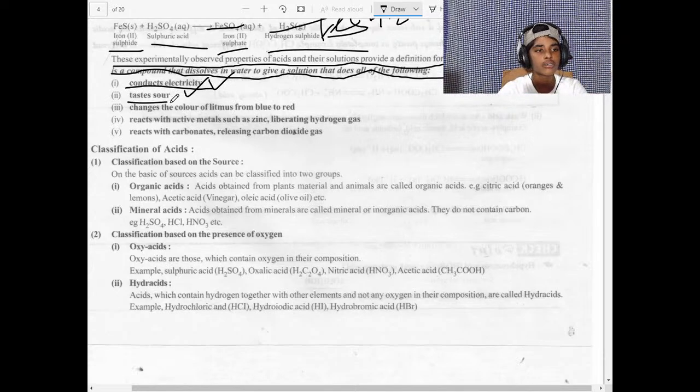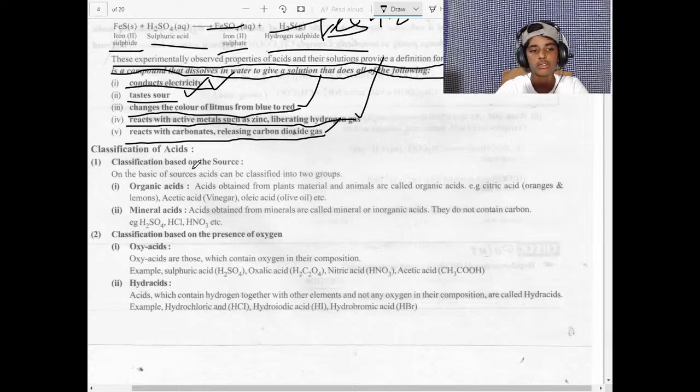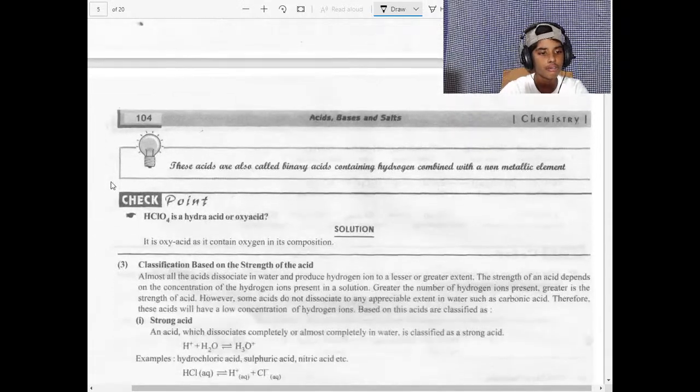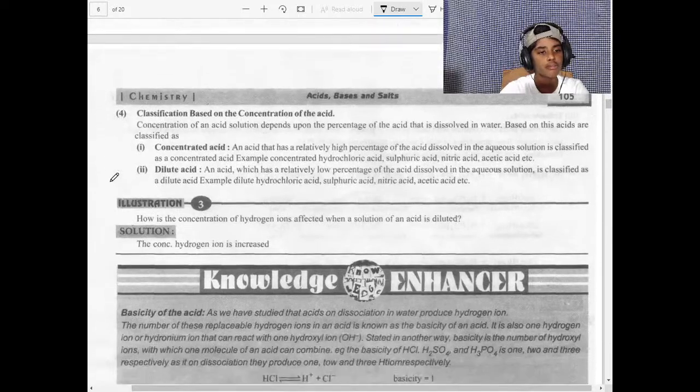Tastes sour. Changes the color of litmus from blue to red. Yes, correct. Reacts with active metals such as zinc, liberating hydrogen gas. It's also true. Next, reacts with carbonates releasing carbon dioxide. Yes, it's also true. Next, classification of acids.